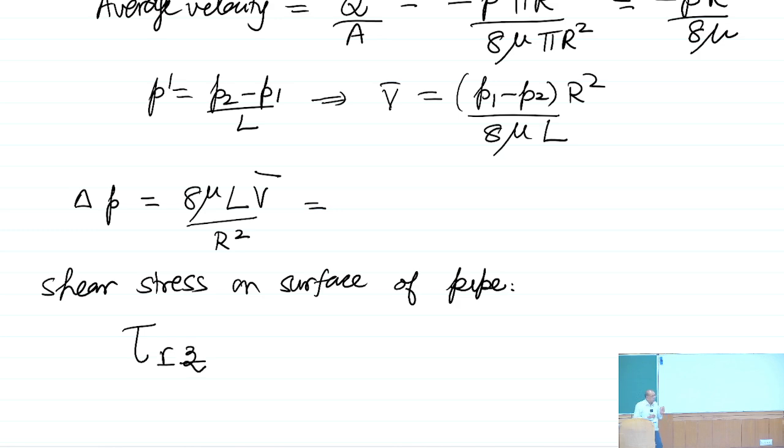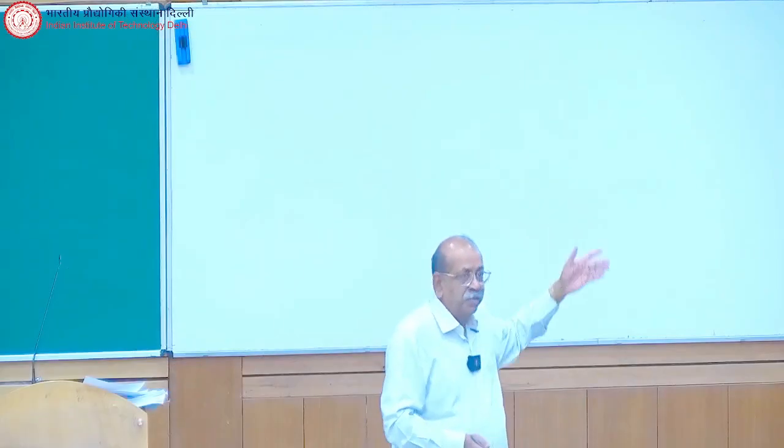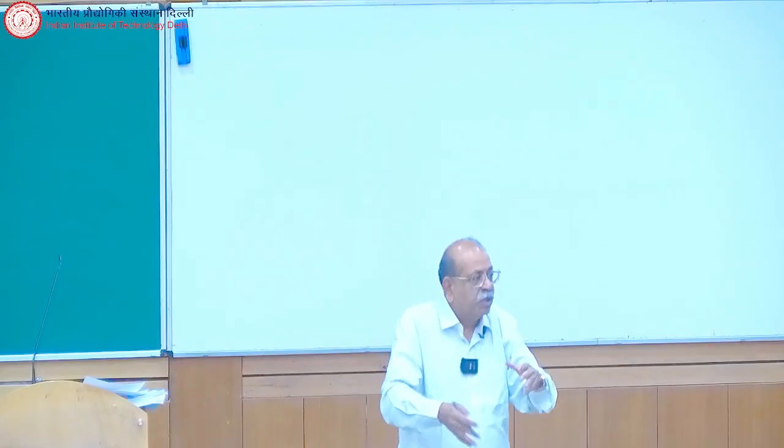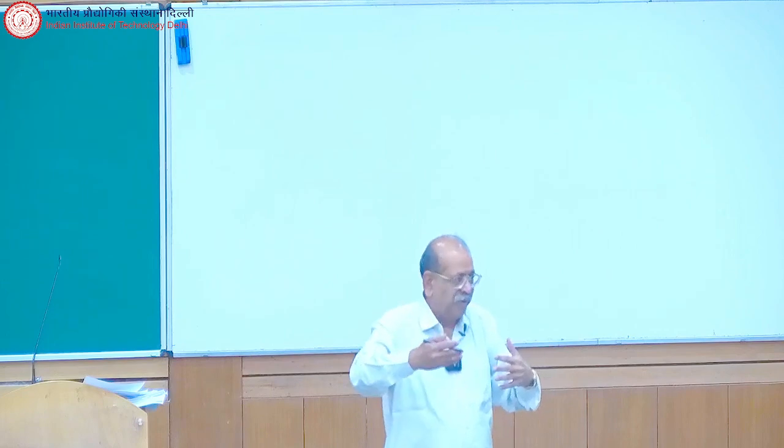tau Rz. Now, for tau Rz, once again we go to our handout and find it in terms of velocity. In fact, the whole purpose of solving this problem is to find tau Rz, because that is what will give us how much force is being exerted on the pipe.